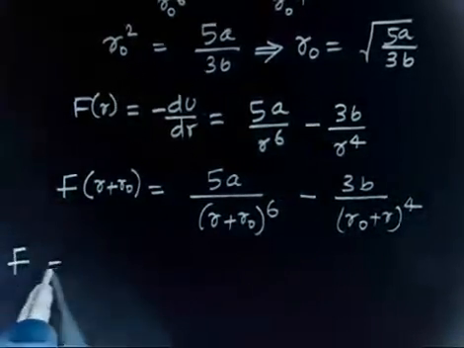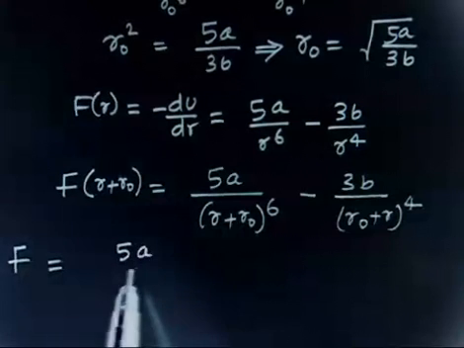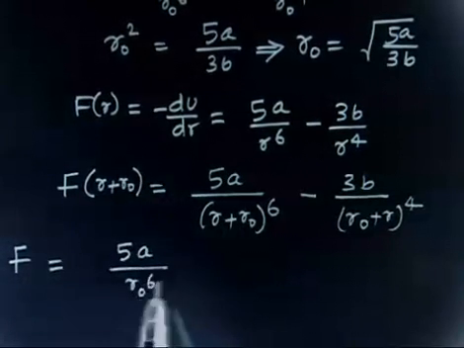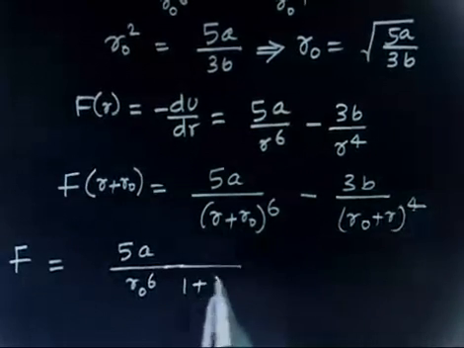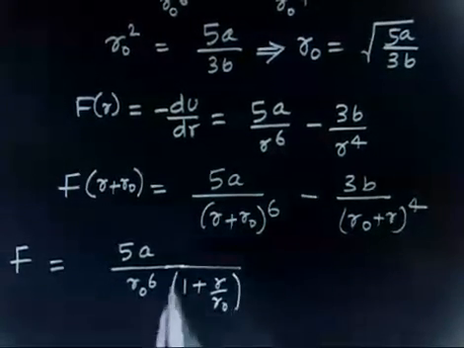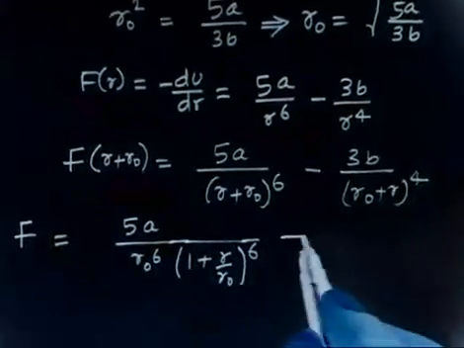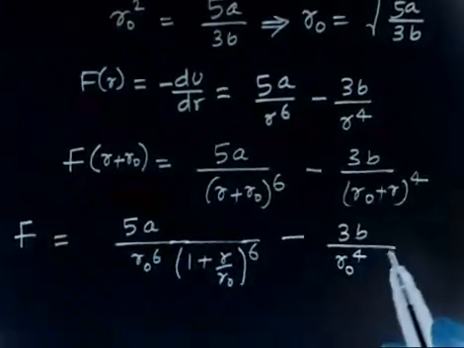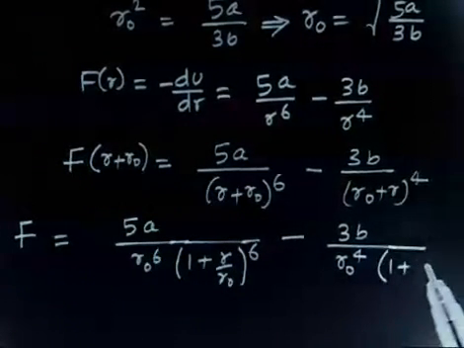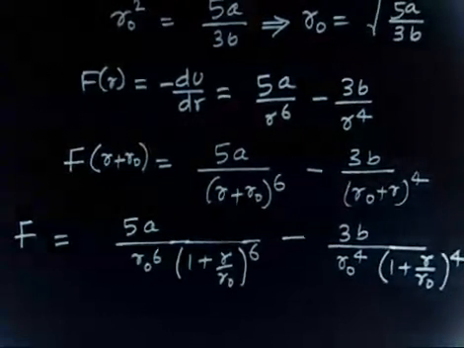If I take r naught common, force is 5a by r naught to the power 6, and this will be 1 plus r by r naught to the power 6. Again you take r naught common, 3b by r naught to the power 4, and you will have 1 plus r by r naught to the power 4.